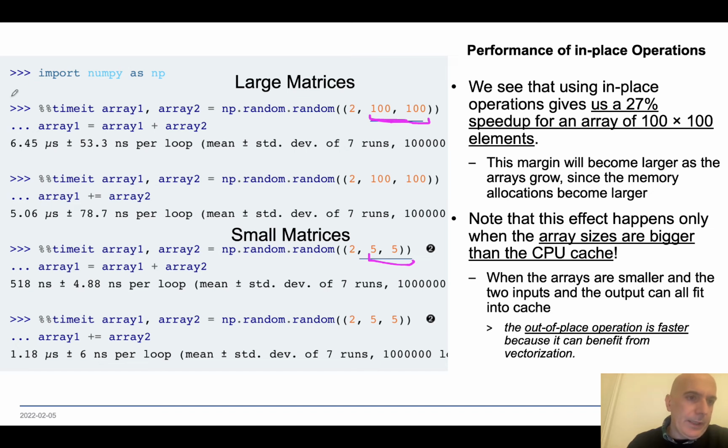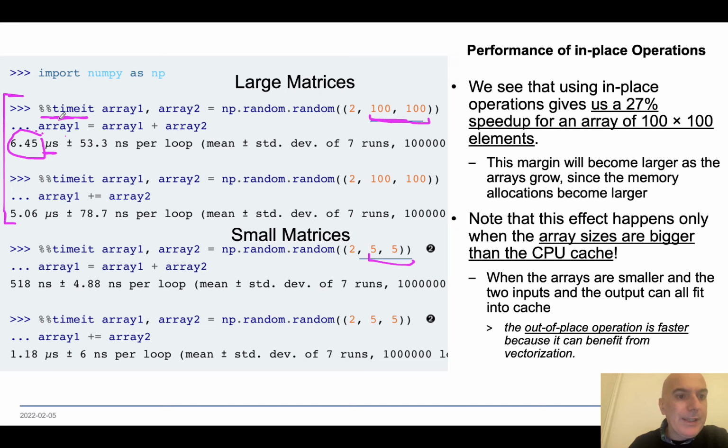In the first case, where we have large matrices, we have the two arrays that are large, and then we time first the non-in-place operation. So we do array1 equal to array1 plus array2, and we get 6.45 microseconds. I'm using the magic command timeit in IPython.